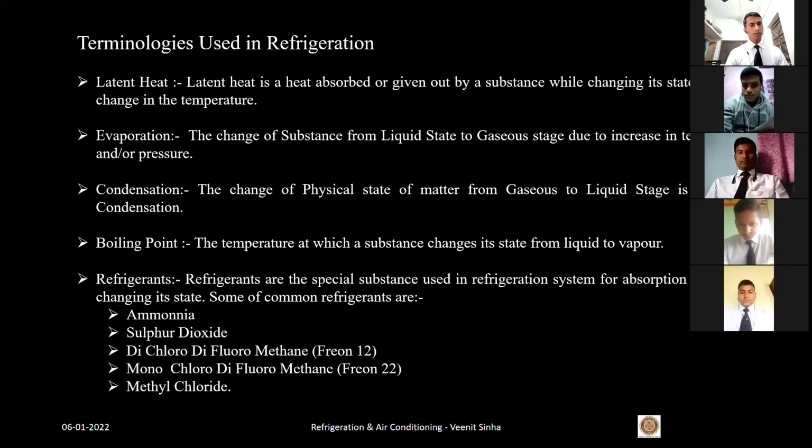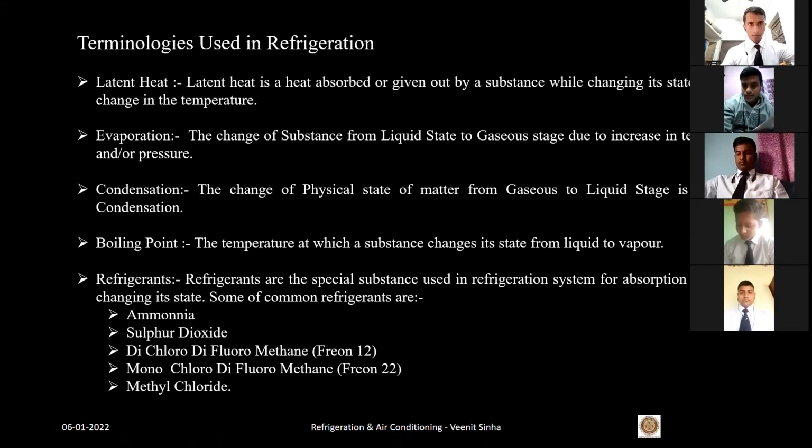After boiling point, there is refrigerant. More or less, this refrigeration cycle, or the working principle of air conditioning, is totally dependent on one thing, that is refrigerant. ठीक है, so refrigerant अगर नहीं है तो ये हमारा refrigeration पूरा नहीं हो सकता है. So refrigerant होता क्या है? They are special substances used in refrigeration systems for absorption by changing their state.